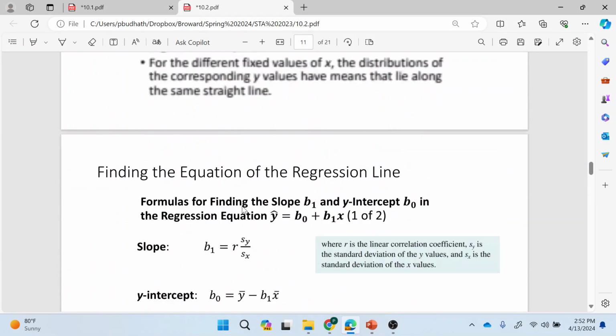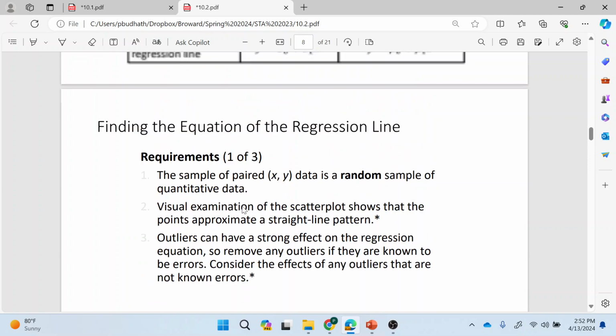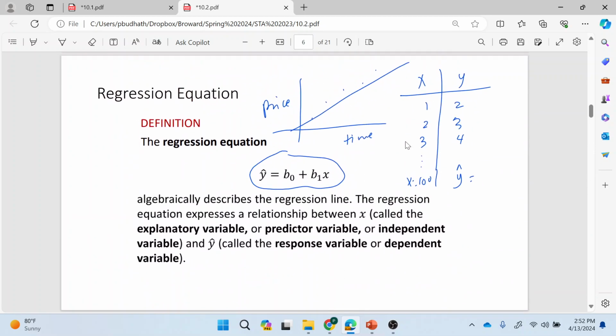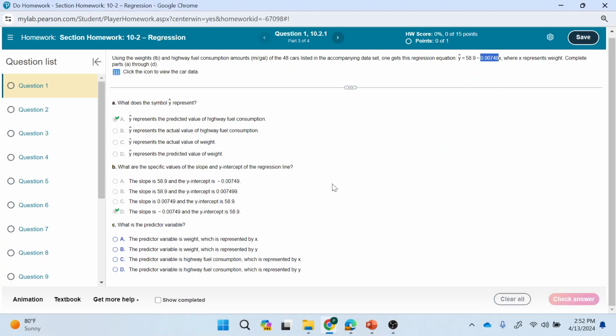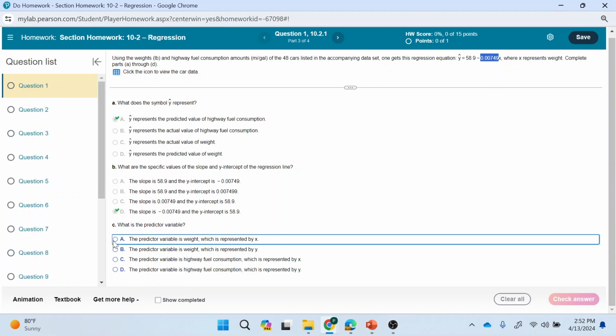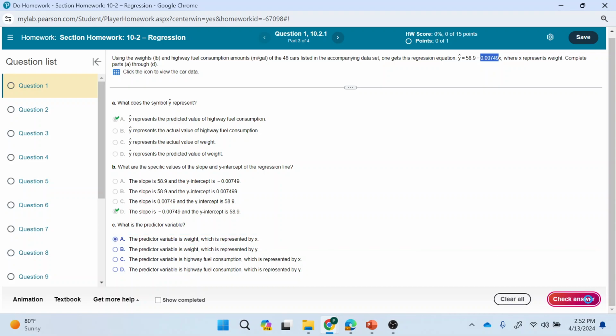If you go back and check your notes, you are going to find that x is also called the explanatory variable, predictor variable, or independent variable, whereas y is the response variable, dependent variable. So based on that information, we can say that x is the predictor variable, which is weight.